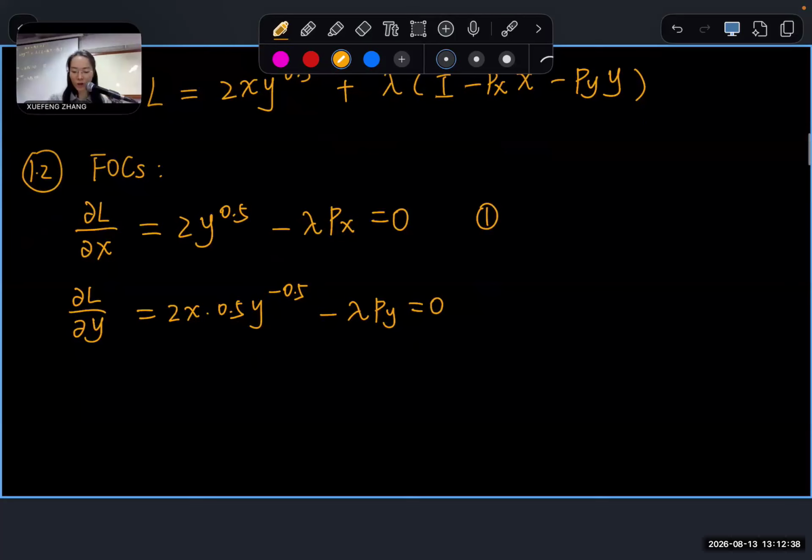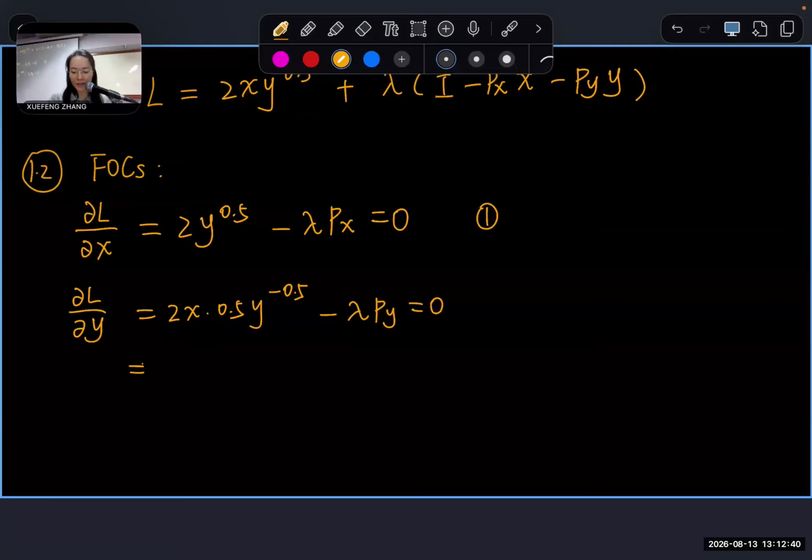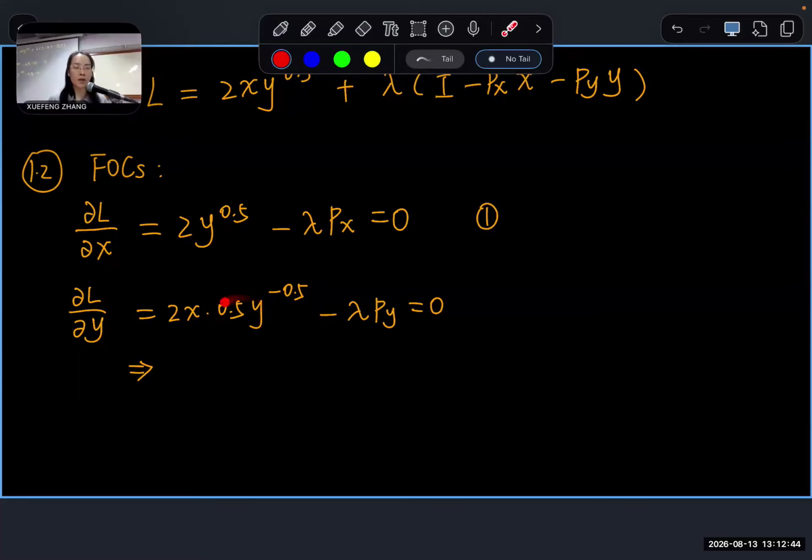And this one we can simplify, because 2 times 0.5 equals 1. So 1, I don't need to write down anything. So here is x y power negative 0.5 minus lambda py equals 0. Okay, this is our second equation.